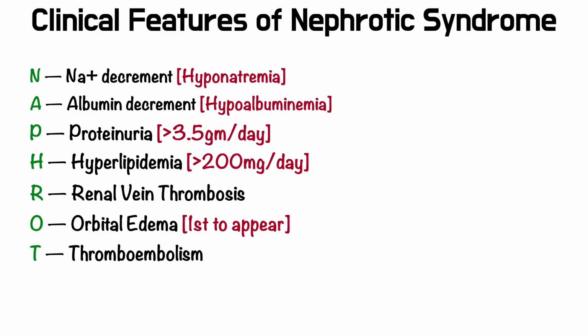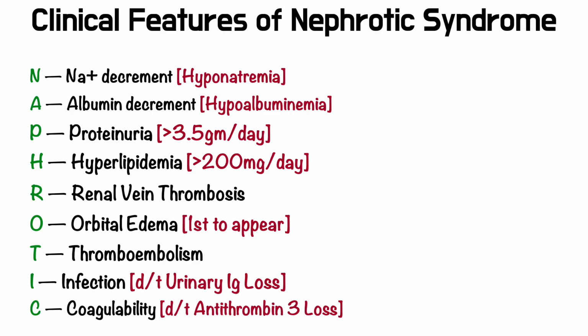And the other T is thromboembolism, and I is infection, because in urine there will be loss of immunoglobulins, which are specifically used to maintain the immunity of the body. That is how infections will occur. And also hypercoagulability is another clinical picture that is due to antithrombin III loss in the urine.